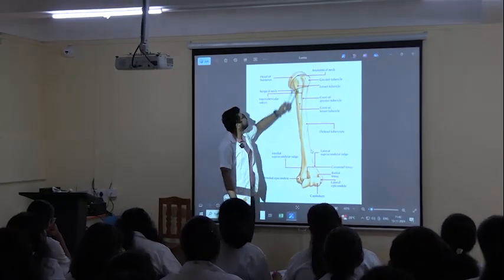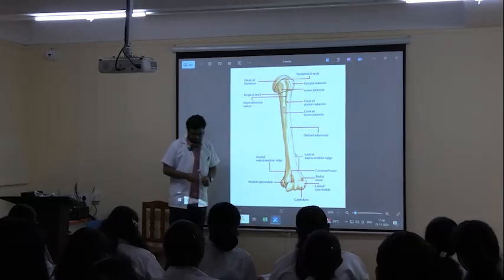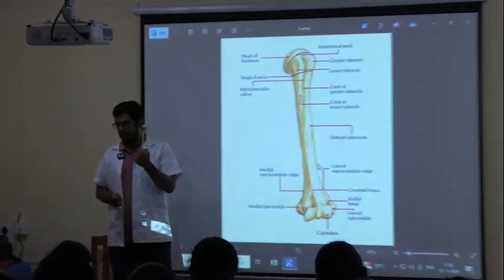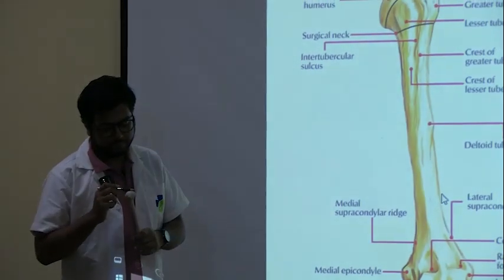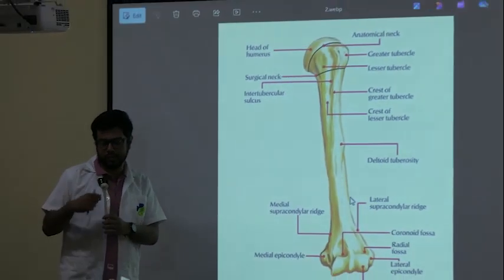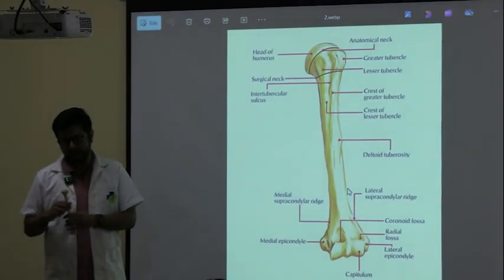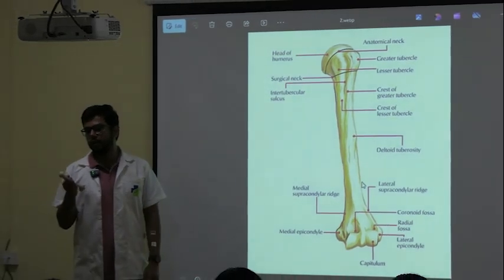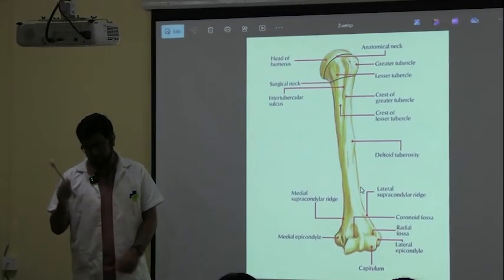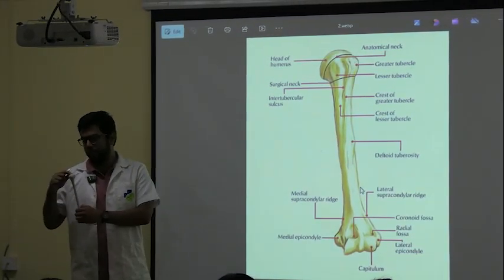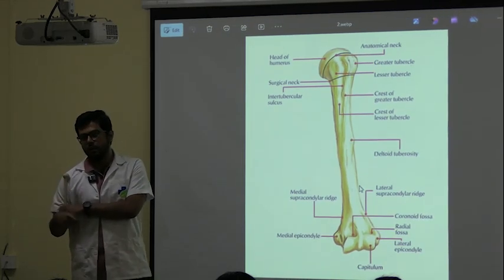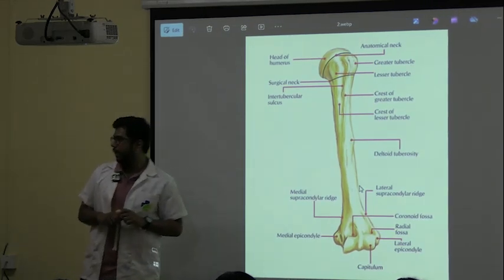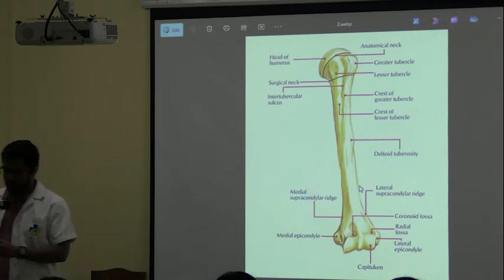First, let me show you. This is the head of the humerus. At the end of the class, I will hand it over to you. This is the head. It is directed medially. You know medial and lateral. If it is right-sided, this head is directing medially, upward and backward.